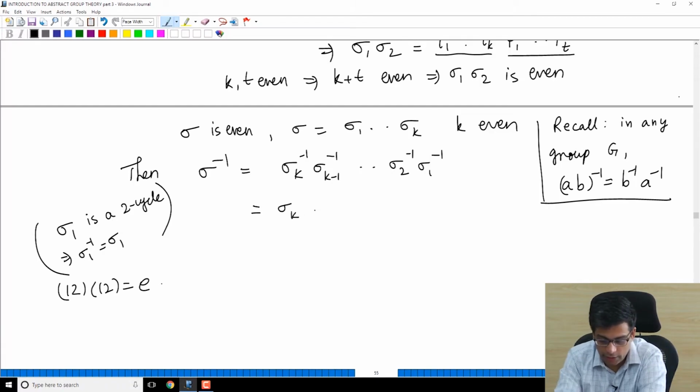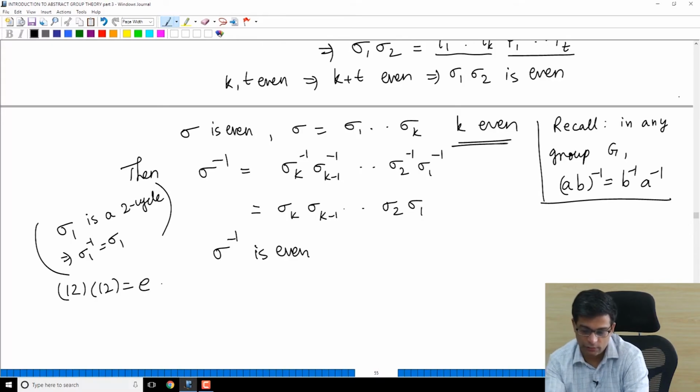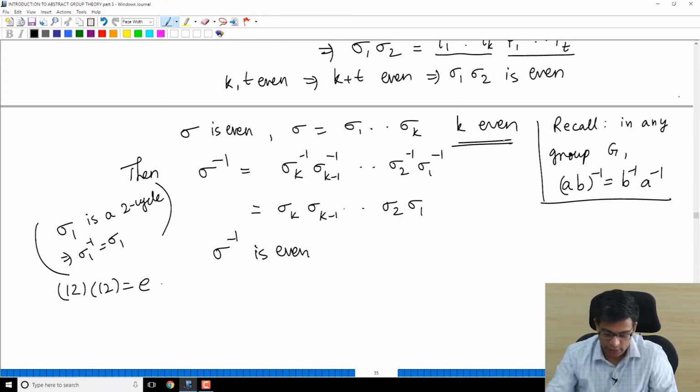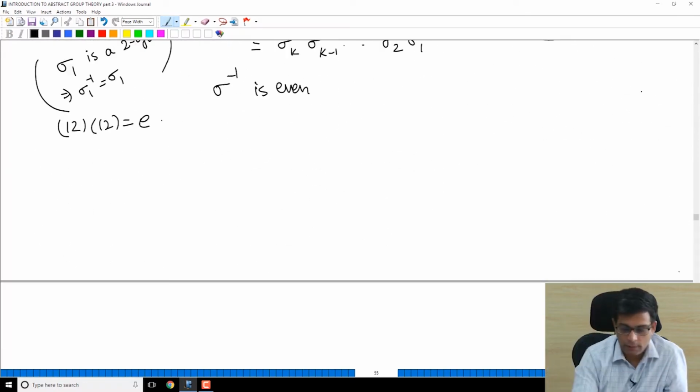So this is sigma k, sigma k minus 1, up to sigma 2, sigma 1. So these are all transpositions, and sigma inverse is also even because it requires again k many transpositions, which is even. So if you have a product of two even permutations, it's even. The inverse of an even permutation is even. So this is the proof of the proposition.